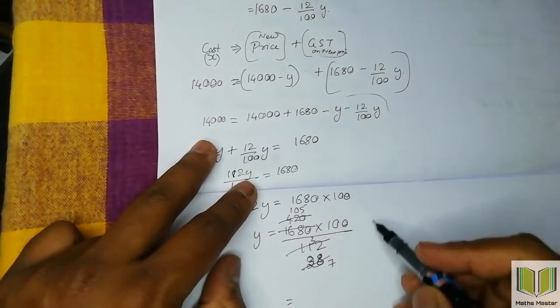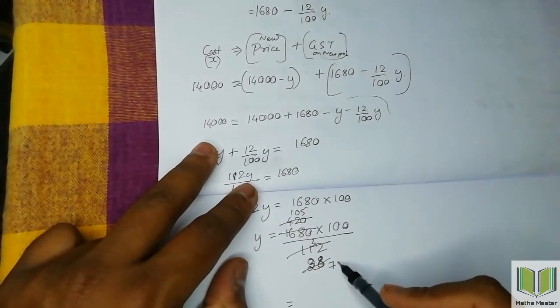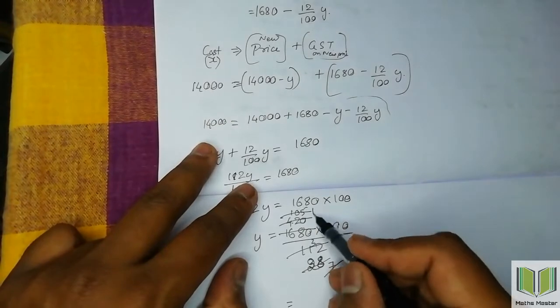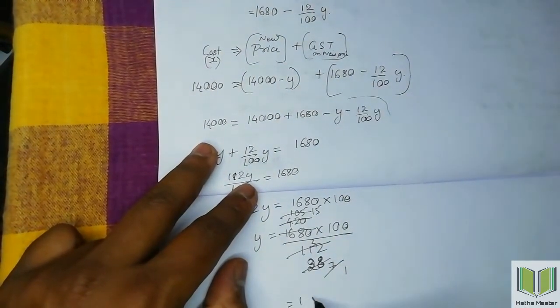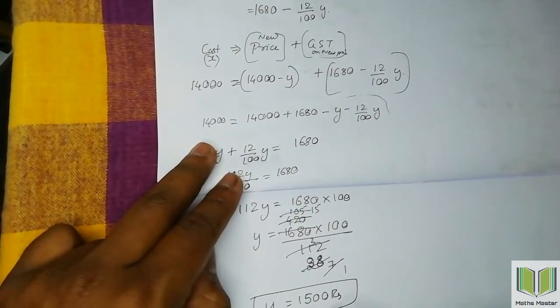So if I solve this, 105 into 100 divided by 7. Oh, 105 is divisible by 7, giving 15. So 15 into 100 is 1,500 rupees. So y is equal to 1,500 rupees.